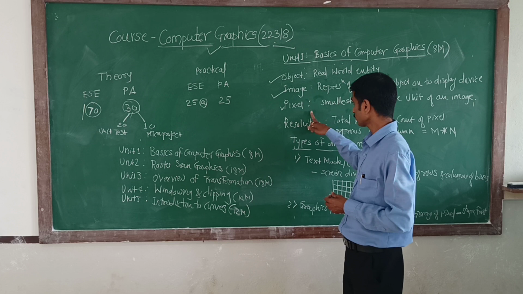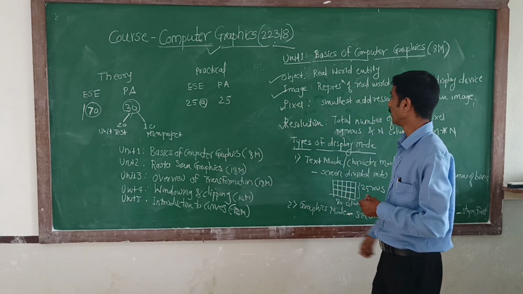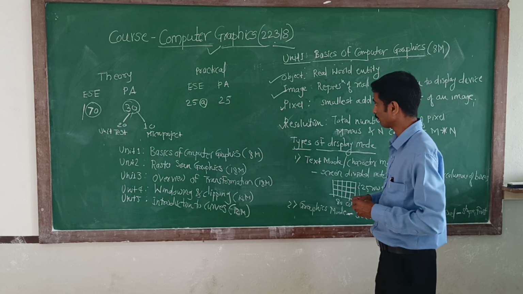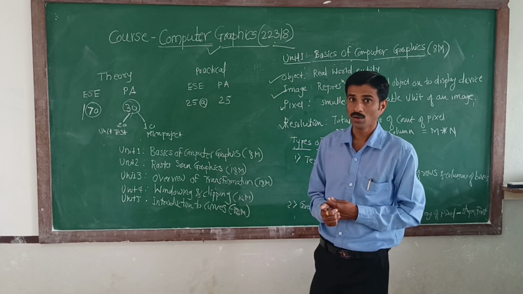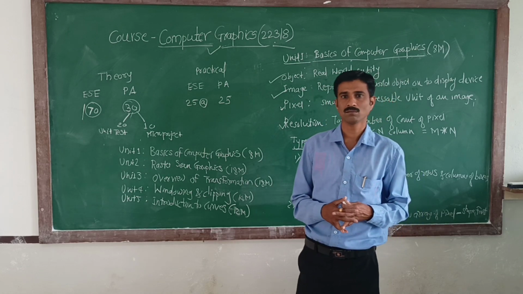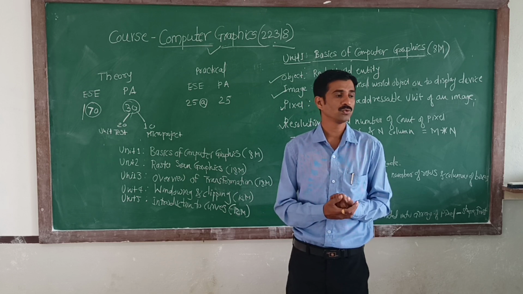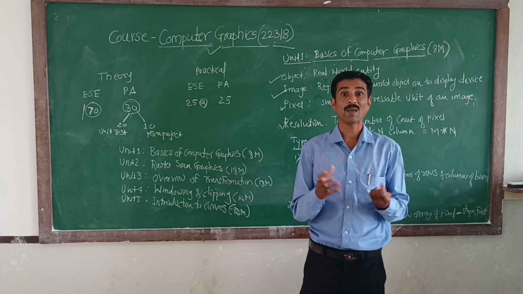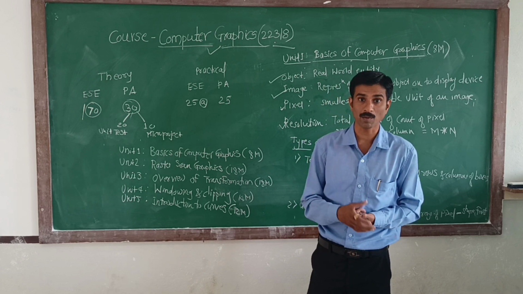Then next definition is resolution. We have seen what is meant by pixel. We have known this term and used it in our daily life, like camera of 64 megapixel, camera of 49 megapixel.